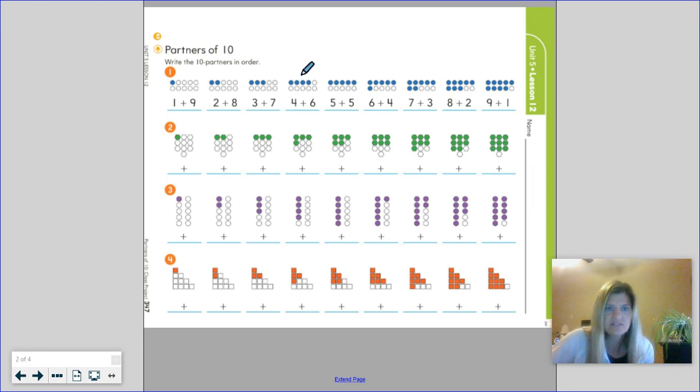Oh, that's right. We learned that too. They subtract by 1. 9, 8, 7, 6. I'm taking 1 more away. When I add a blue circle, I take away a white circle. So boys and girls, if you look, they're counting the blue. That's where they get the 1. And then they count all of the white circles.